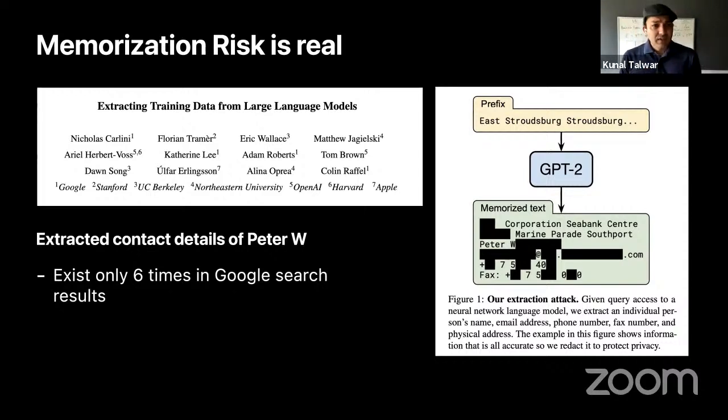A very nice example of this is recent work from Carlini et al., where they showed that even a relatively small language model, GPT-2, when trained on a large corpus from the web, is able to not just memorize long strings, but also output them on cue. Here they showed that if you start with this prefix written above and ask GPT to complete it, it basically outputs the precise contact details of some Peter W. And this Peter W is not somebody that is ubiquitous over the web. This is an example that occurs only a small number of times in Google search and probably even fewer times in the training corpus.